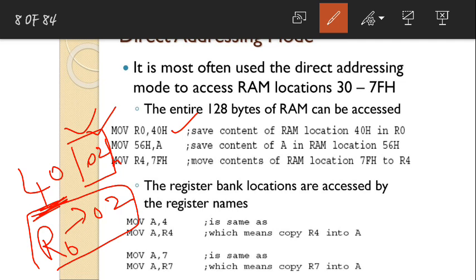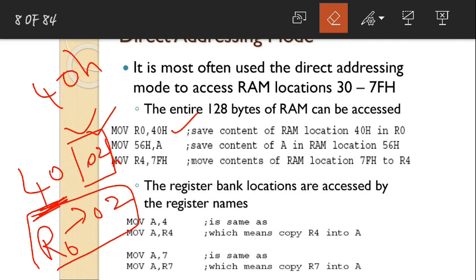That means here before 40 there is no pound symbol. If you had one, then this would be a direct value, an immediate value, some constant value which we try to load onto R0, but here it didn't use this. So this is direct addressing mode.